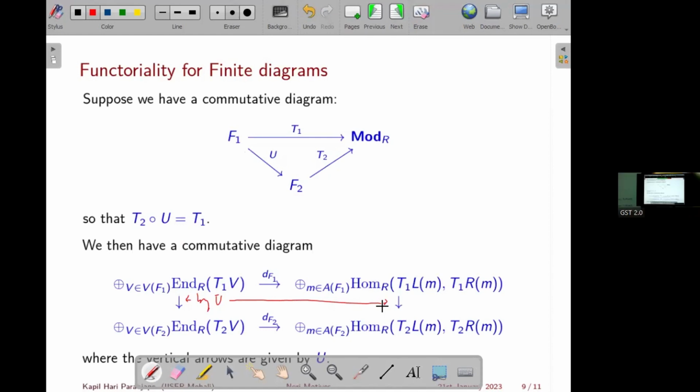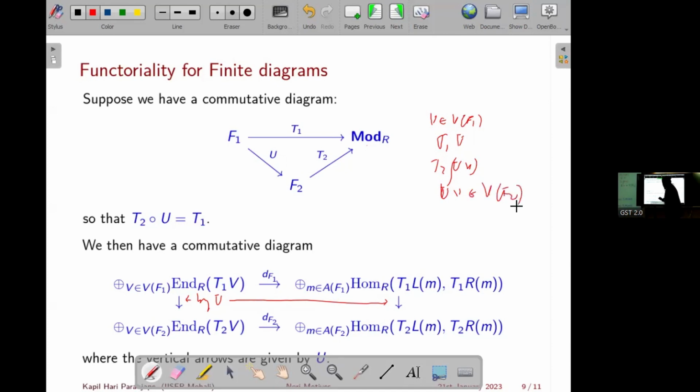So for every vertex of F1, I will get a vertex of F2, right? And I know that whatever that vertex goes to here is the same as what this vertex goes to, right? So if V is a vertex in F1, then I have this P1 of V, which is nothing but, because of this, P2 of U of V. So U of V is a vertex of F2.